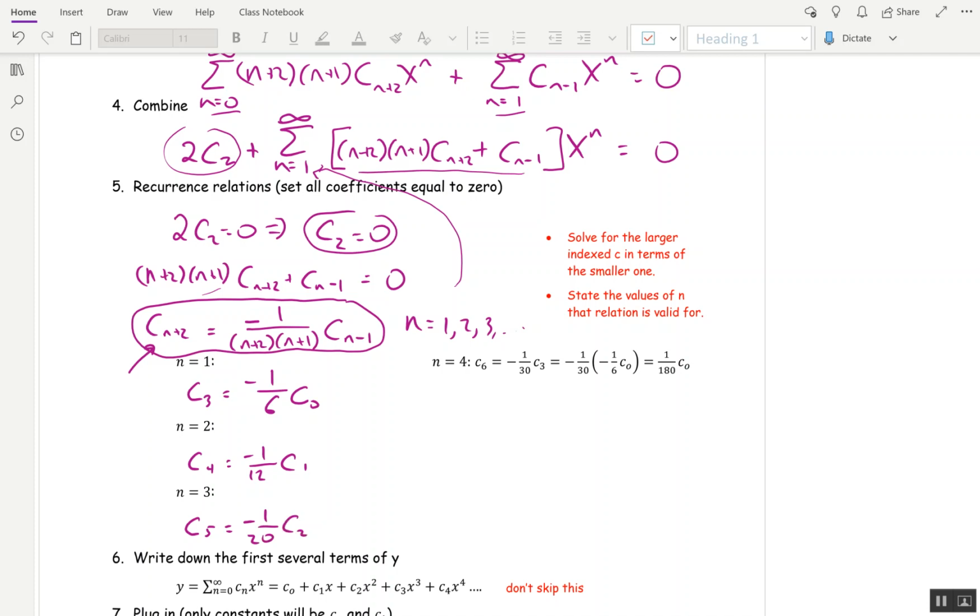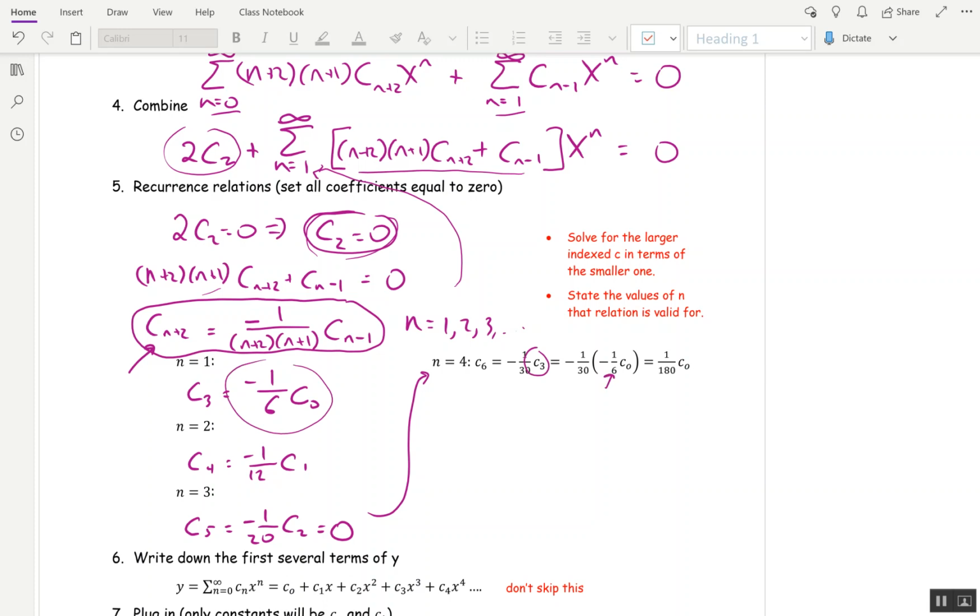Now I have to write everything in terms of C0 and C1. So up above, I see that C2 is 0. So that's 0. Now I only have to go up to C5, but just to show you the pattern, I did one more. When n is 4, I get C6 is negative 1 over 30 C3, but C3 is negative 1 over 6 C0.